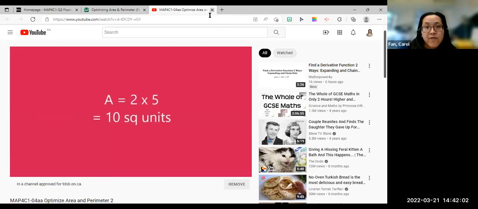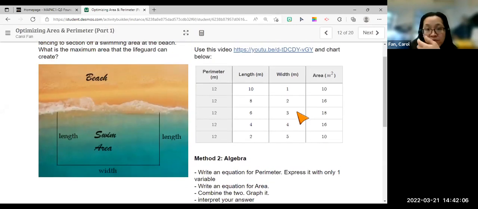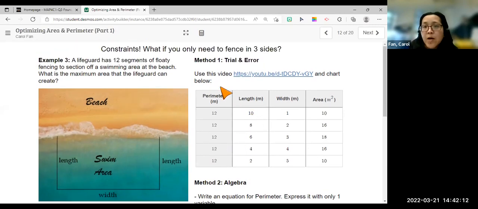Okay, so we've filled out our chart. What we've done is we've used the manipulatives to build it out exactly. Now we call this method trial and error because we're kind of trying and seeing which one gives us the biggest one. Now you'll notice that the square no longer gives us the largest area. In fact, this one does.